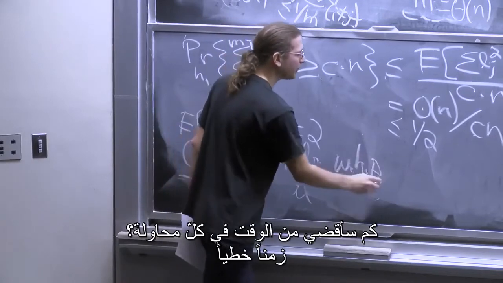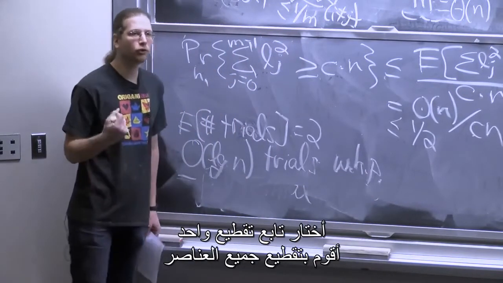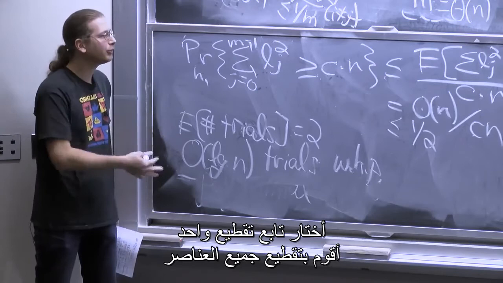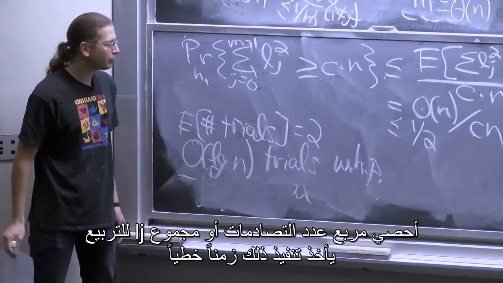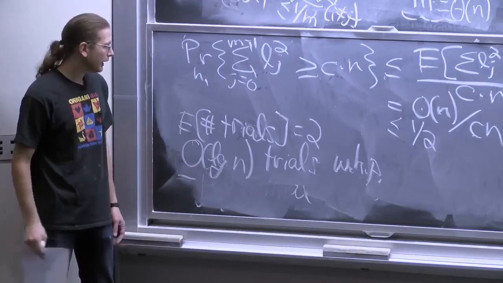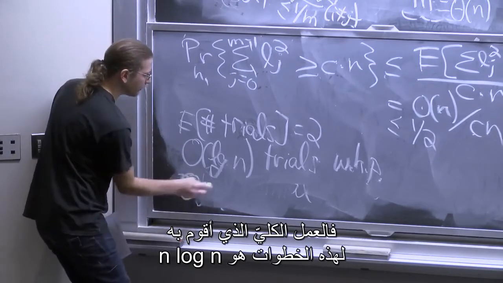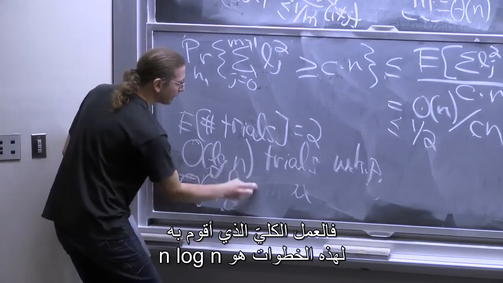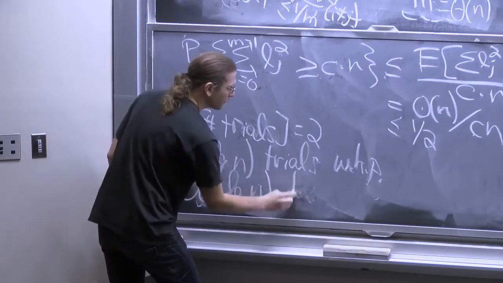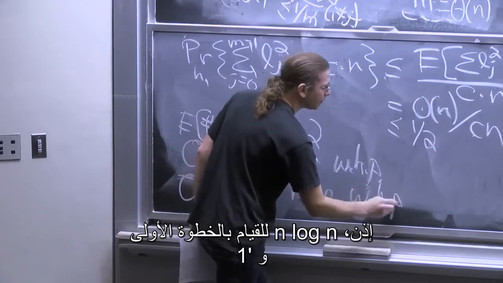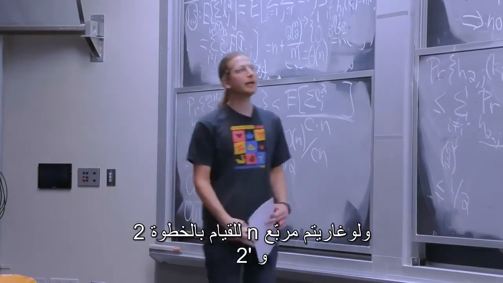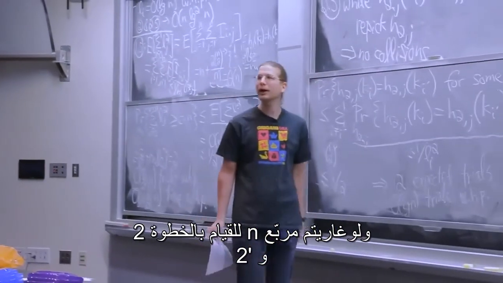How much time do I spend for each trial? Linear time. I choose one hash function, I hash all the items, and I count the number of collisions squared, or the sum of Lj squared. That takes linear time. And so the total work I'm doing for these steps is n log n. So n log n to do step 1 and 1 prime, n log squared n to do steps 2 and 2 prime.